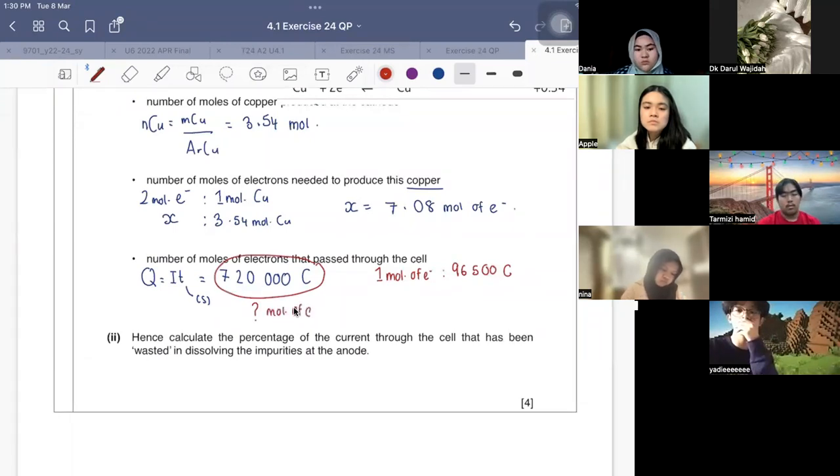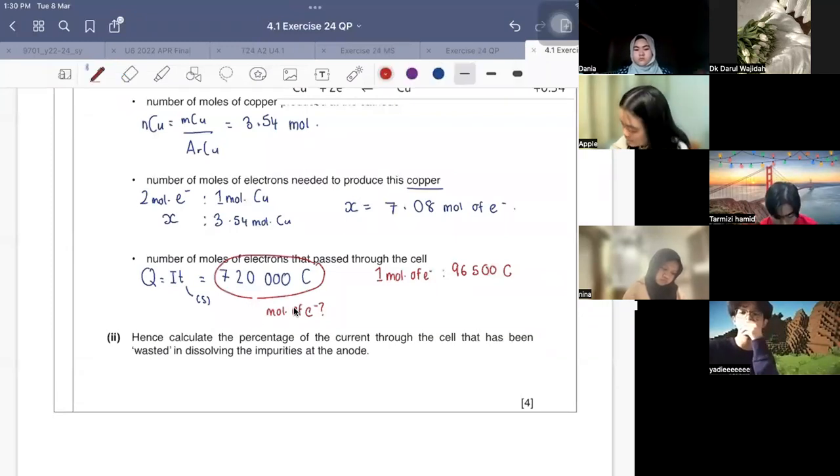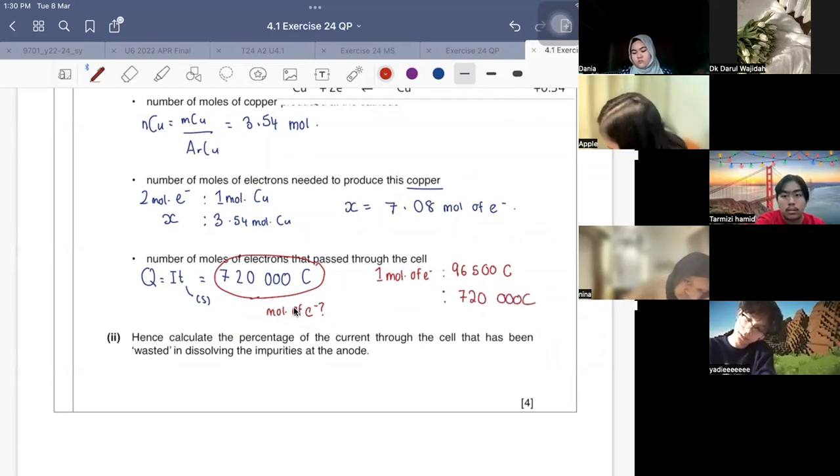Okay, we want to know how many moles of electrons this is associated with. So we can build the relationship. Okay, so 96,500 is 1 mole. How many moles is 720,000 coulombs?